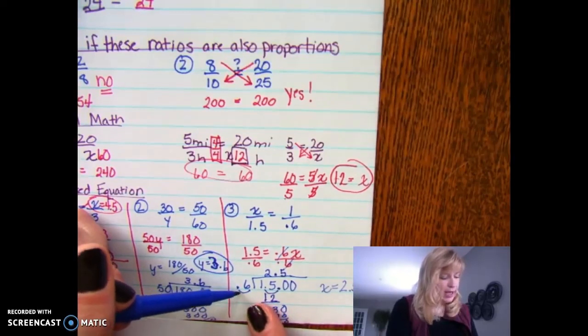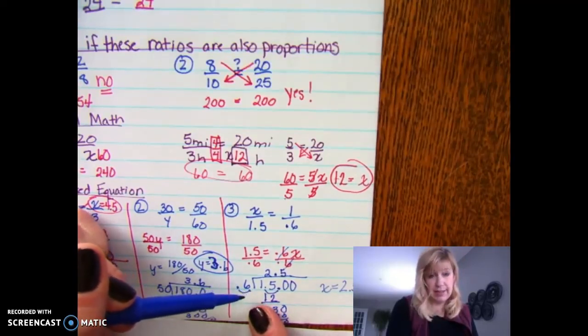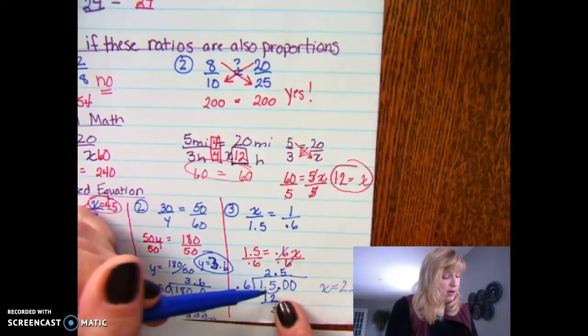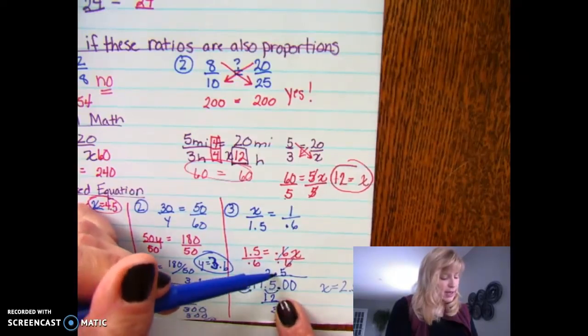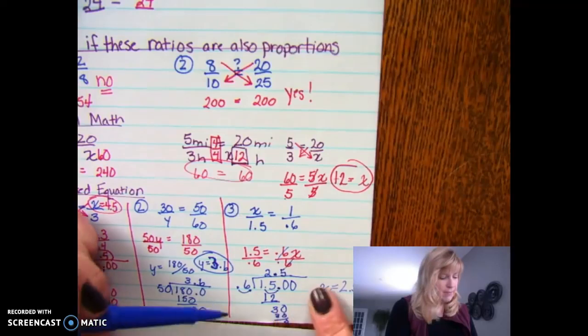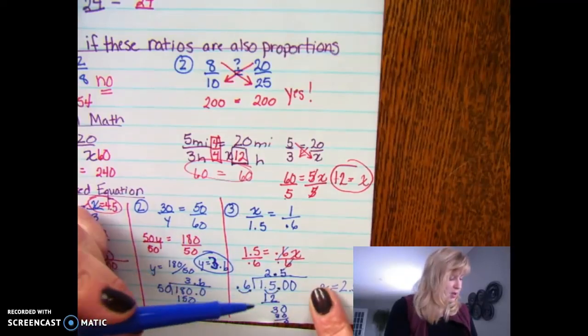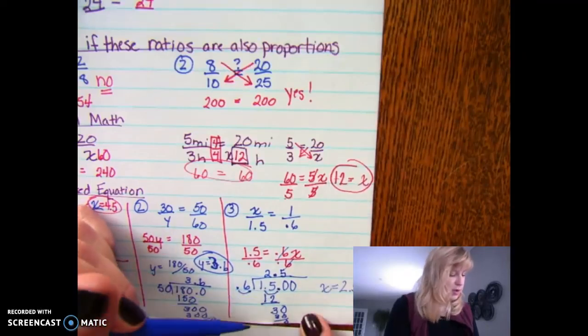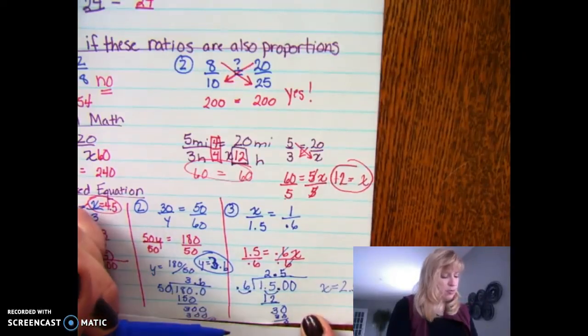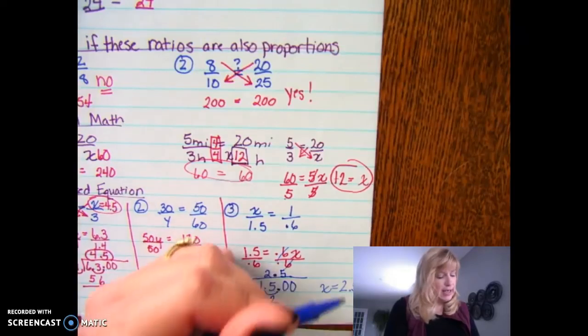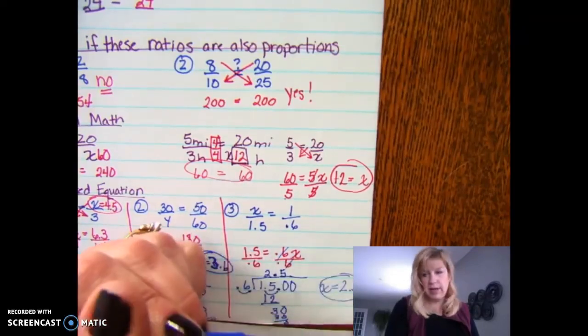Remember that there cannot be a decimal point outside, so we needed to swoop that over once. We swooped that over once and then park it right up here. 6 into 15 point, I put 2 zeros, we only needed 1, and I got 2.5. So x equals 2.5.